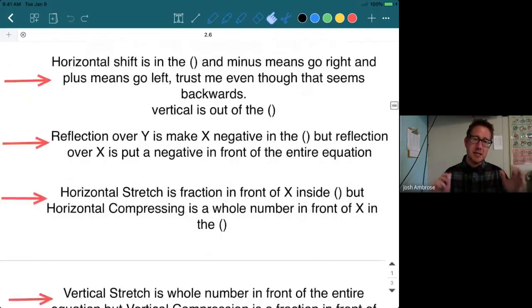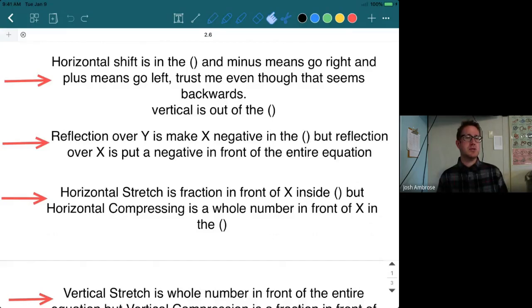Now, let's jump into it. So what I'm trying to do here is take a concept and just minimize it down. Let's just understand the minimum here that's going to get you to really getting your problems correct. So a horizontal shift is in the parentheses. Those are parenthesis markers. That's what I mean by that.